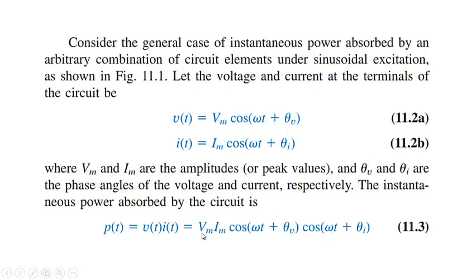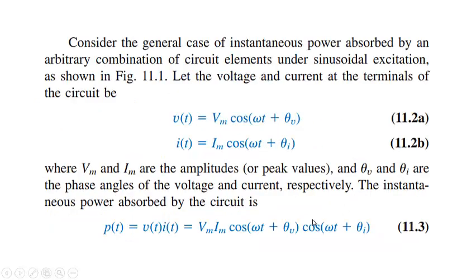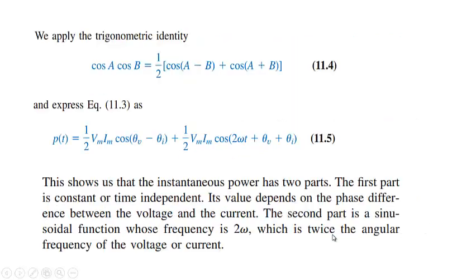So it will be Vm Im by 2 cos(theta V minus theta I), and then cos(A plus B), which is cos(2 omega t plus theta V plus theta I). So it will be Vm Im by 2 cos(2 omega t plus theta V plus theta I).